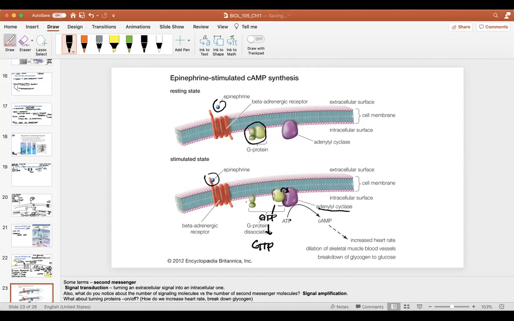Adenylyl cyclase, once it's turned on, is going to convert ATP to something called cyclic AMP, okay? Cyclic AMP is going to act as a second messenger molecule that can travel throughout the cell to turn proteins on. Okay, so I'm just going to put on, and I'm going to put proteins.